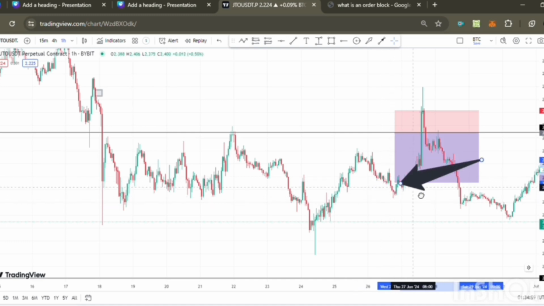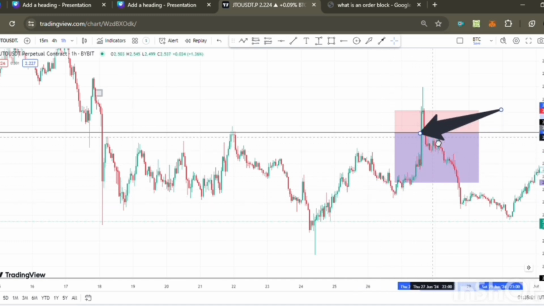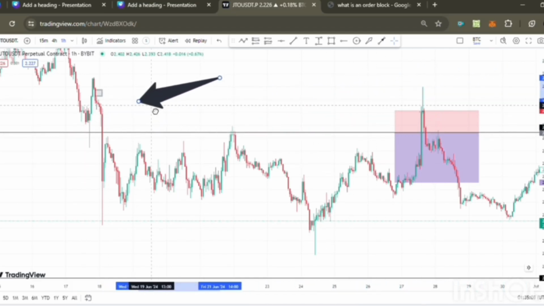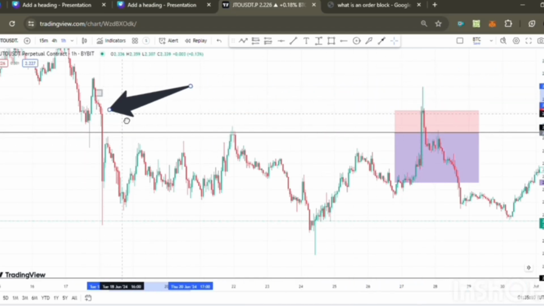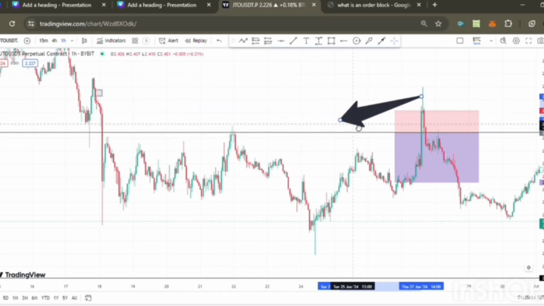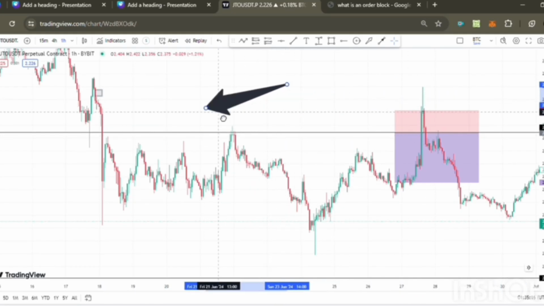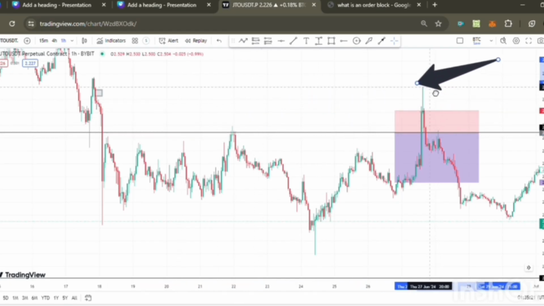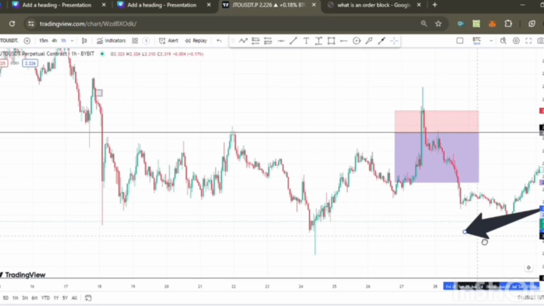The market came here with a major spike, took out this liquidity, and after the market took out this area of liquidity, we call it a liquidity trap. The market took it out and started coming down.